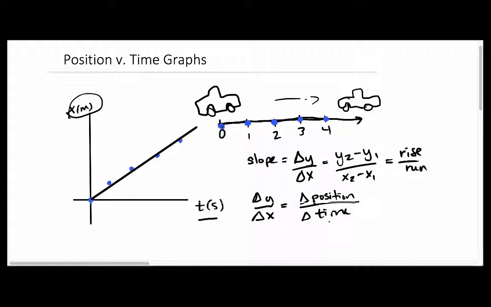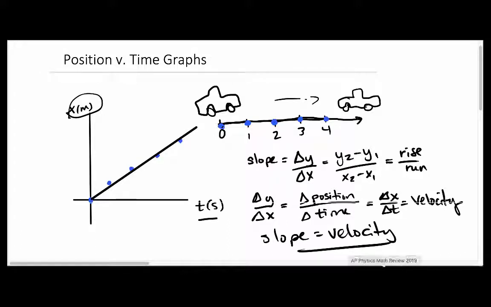So we're looking at our change in position divided by our change in time, or our change in x over our change in t, and we know that change in position over change in time is how you find velocity. So the slope on this graph is equal to the velocity of the object that you're graphing.